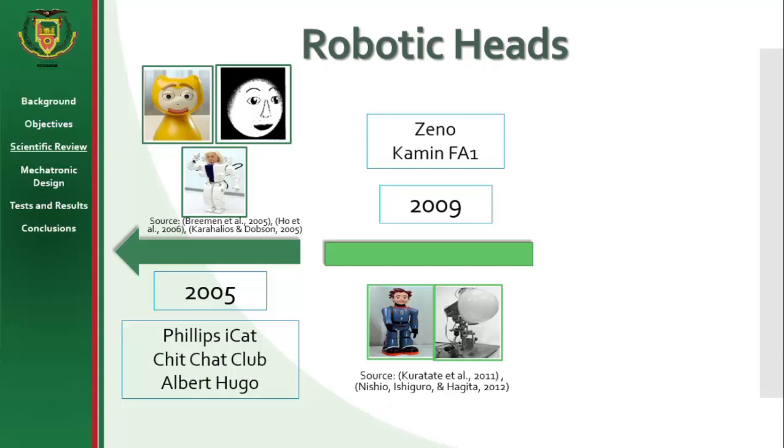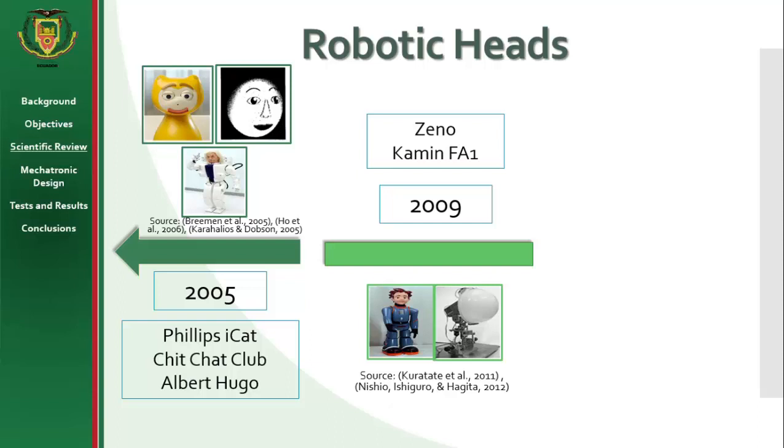Other academics created Cheetah Club, a project that combines a physical and virtual environment. Later the Actroid and Geminoid made their appearance.